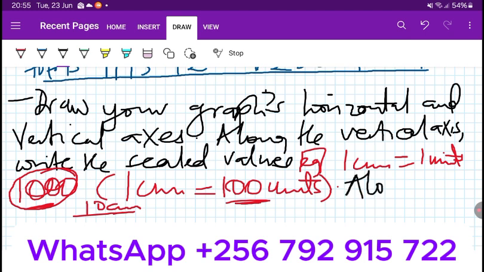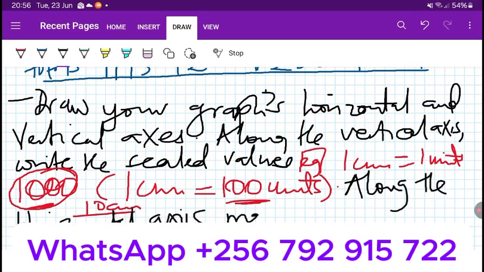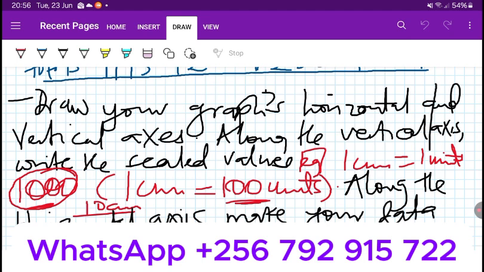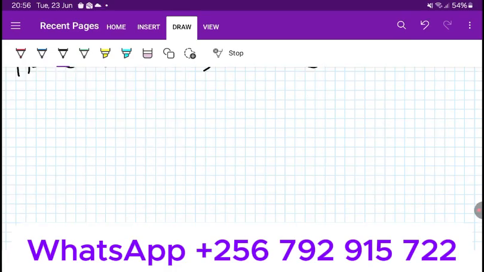And of course, along the horizontal axis, we make the data parameters.